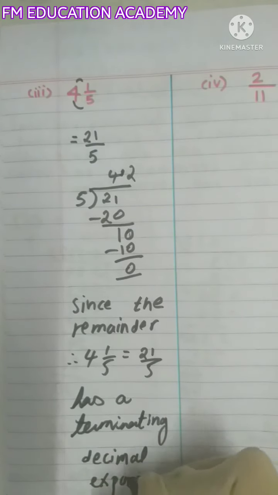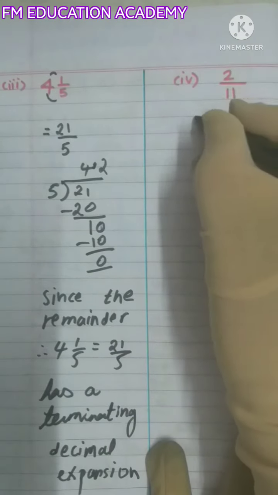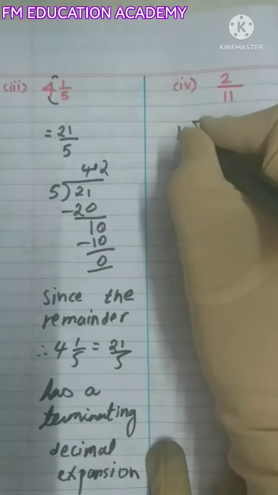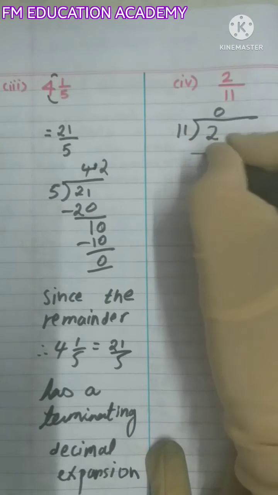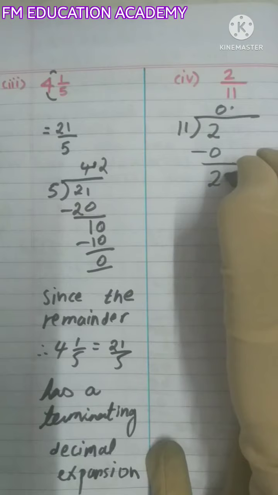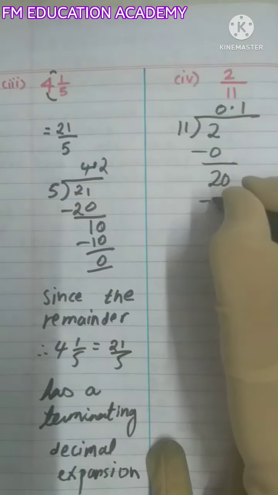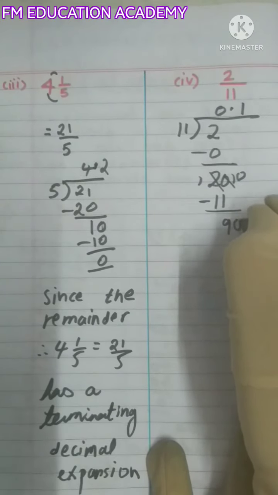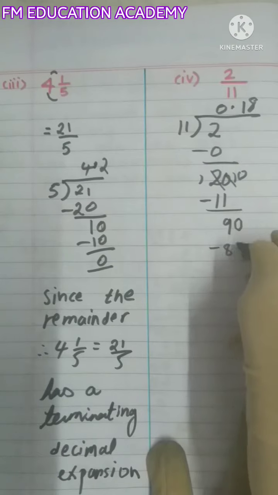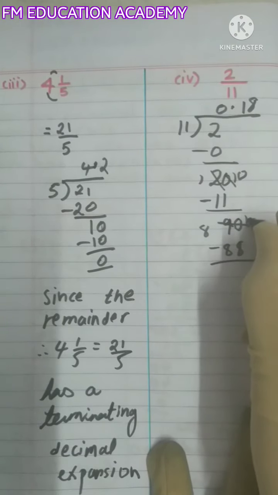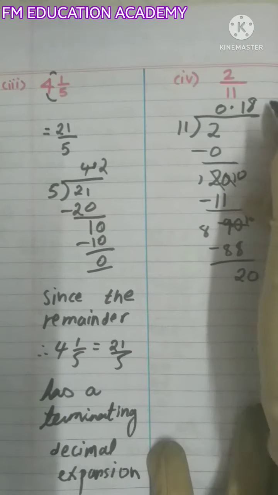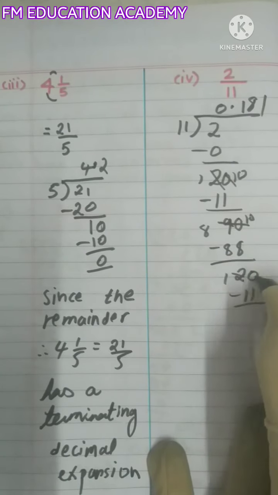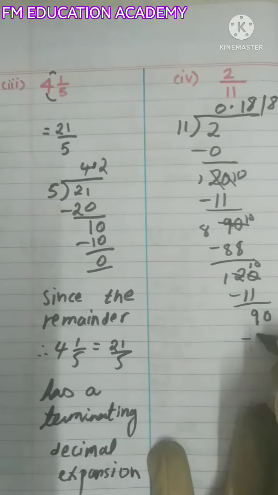Okay, next, the fourth bit: you have to find out whether 2 by 11 has a terminating decimal expansion or not. Same thing, divide: 11 outside, 2 inside. 11 zeros are 0, 2 minus 0 is 2, put a point, bring down 0. 11 ones are 11, 10 minus 1 is 9, take a 0, 11 eights are 88, 10 minus 8 is 2, take a 0, 11 ones are 11, 10 minus 1 is 9, take a 0, 11 eights are 88.